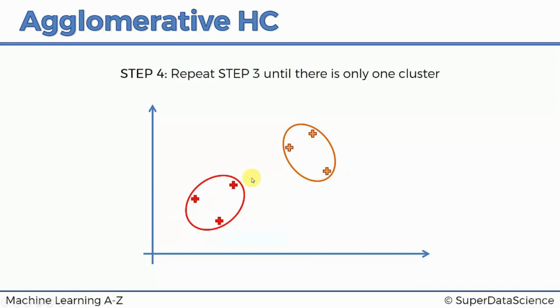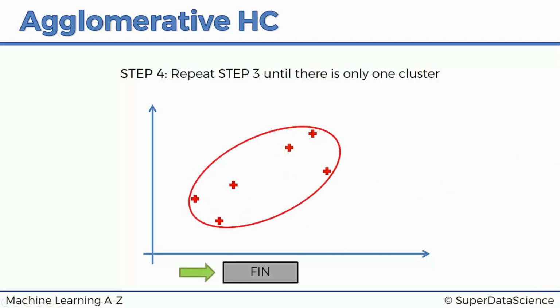And now we've only got 2 clusters left, so the last step would be to combine them because they are by default going to be the closest. So there we go, and that is the end of our algorithm. That's how it converges. We've gone through the process of going from all points seen as an individual cluster to now we only have one cluster that combines all of the points.